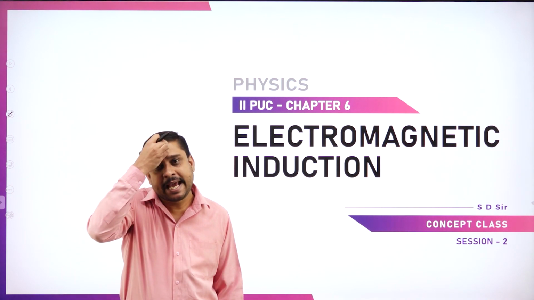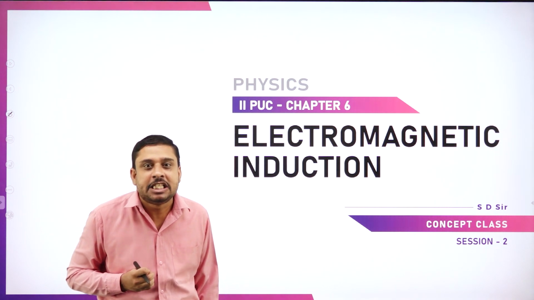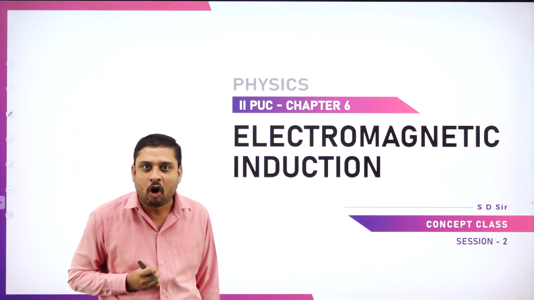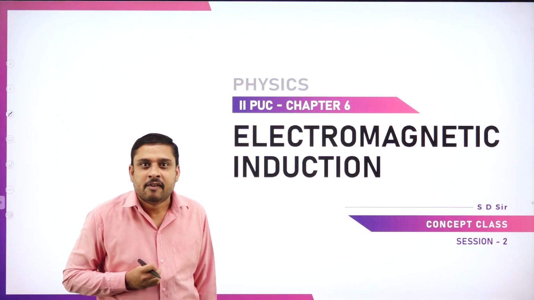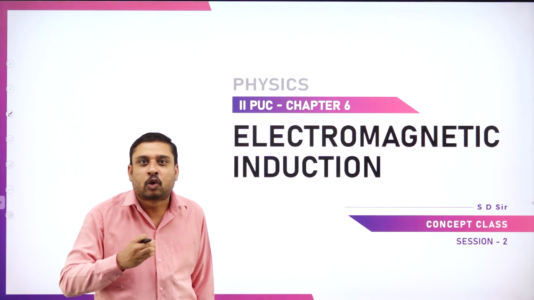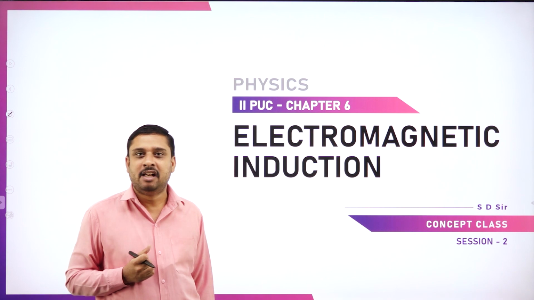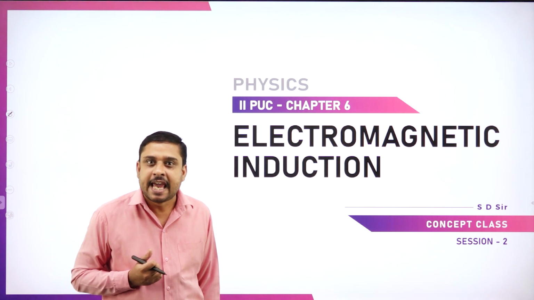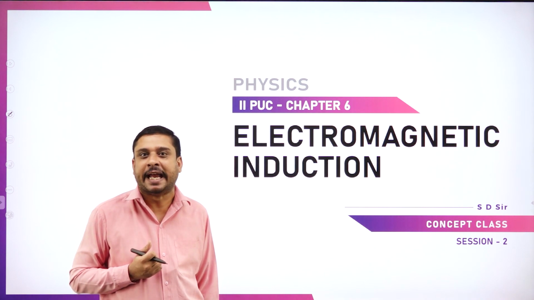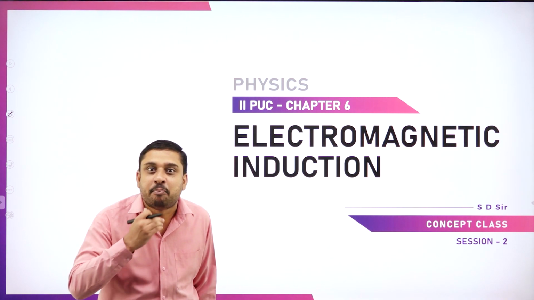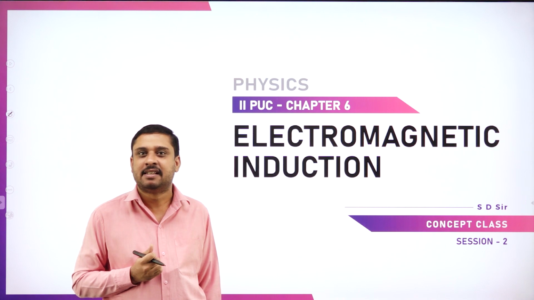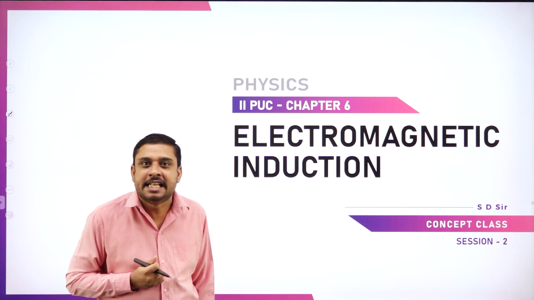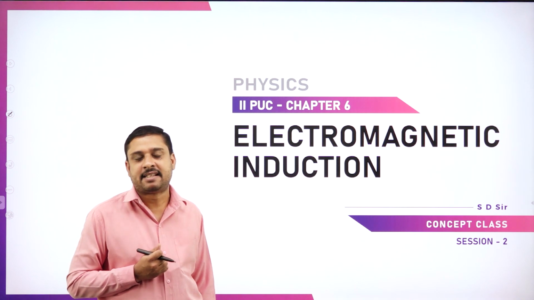So, what was the basic inference we got? The basic inference we got was, whenever a closed coil is subjected to varying magnetic fields, changing magnetic fields, an EMF and current is induced in it.